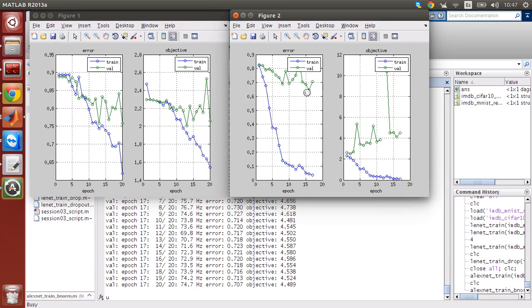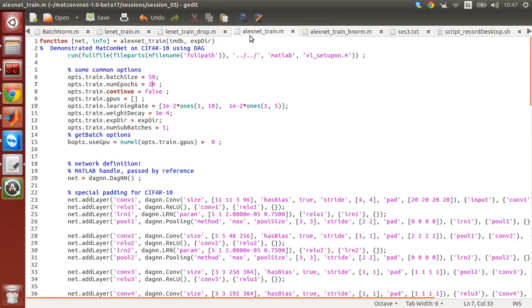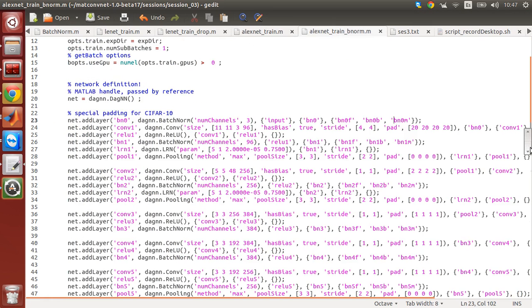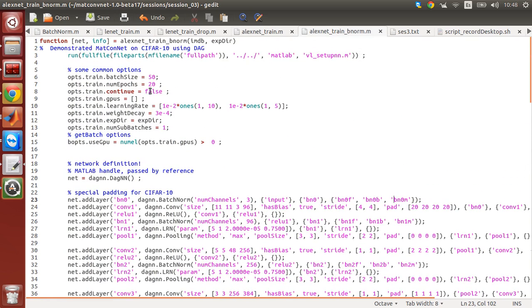But originally, batch normalization was proposed to be before the nonlinearity, so just after the convolution. So I'm also leaving you the task of placing batch normalization before the nonlinearities, and seeing what happens to the convergence of the method. Also try to experiment a little bit changing the batch size, as I said before, to check that it actually helps to reduce the overfitting.